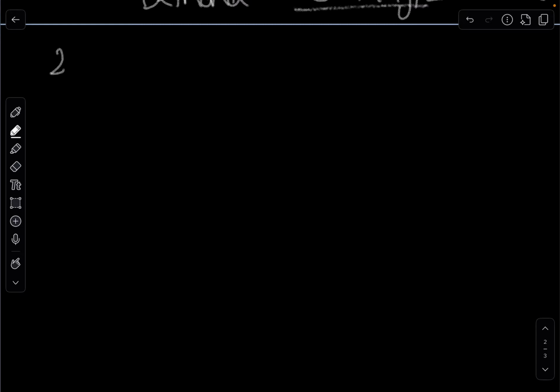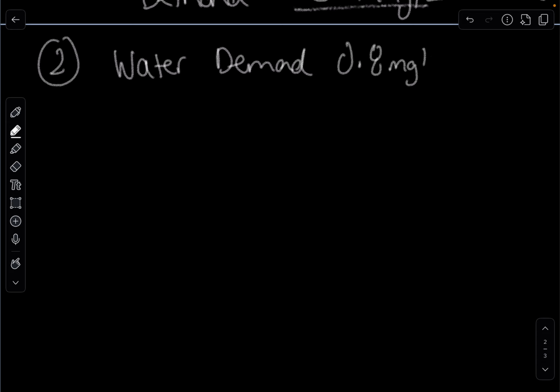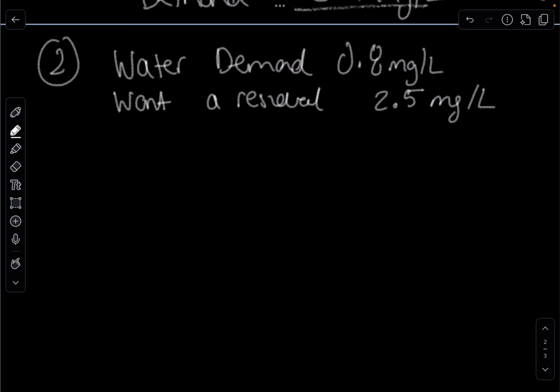Let's do another example. So example 2. Let's flip it. Let's say this time we're looking for dosage. So if our water usually has a demand of, say, 0.8 milligrams per liter, and we want a residual of 2.5 milligrams per liter, how much should we dose it?